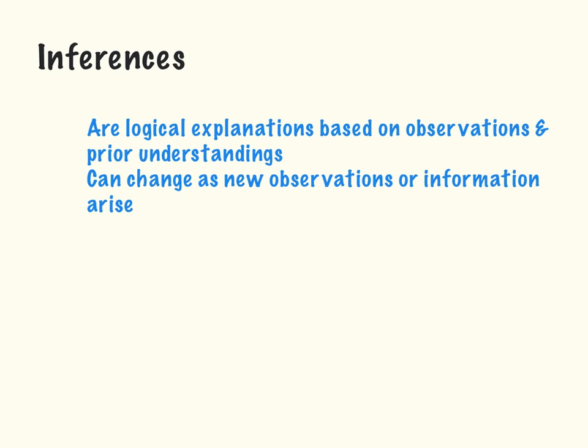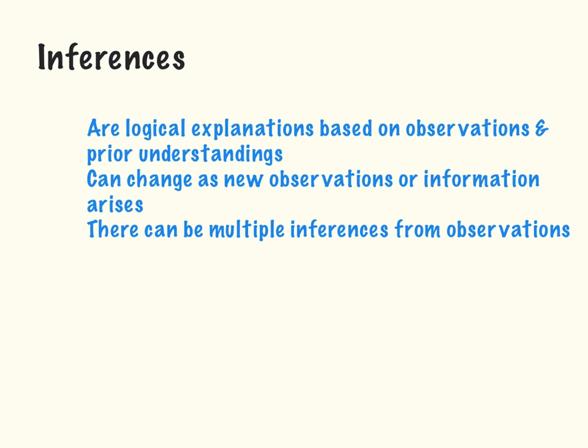So the problem is our logical explanations or inferences can vary because what you see and what I see might be two different things. I might miss something that you see and you might miss something that I see. So between us, we've only got an approximate idea of what's going on, but it acts as a starting point from where we can push onwards.